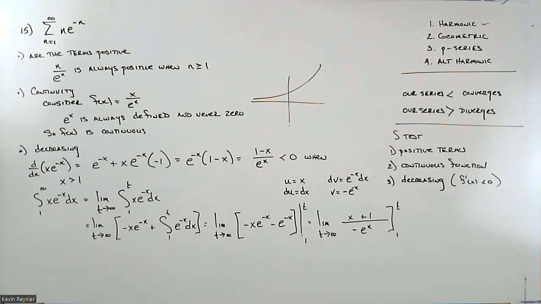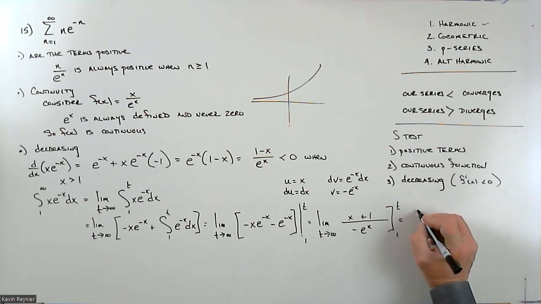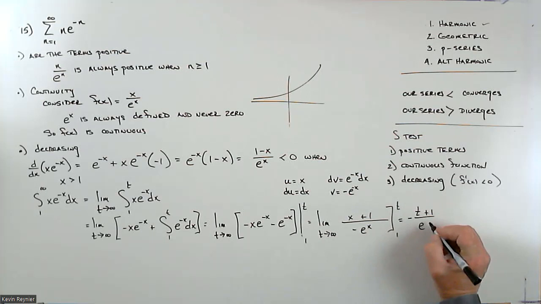Now this becomes, of course, t plus 1 over minus e. So let's go ahead and plug everybody in. We put a t in here, so we have t plus 1 over, we'll put the negative out here, e to the t.